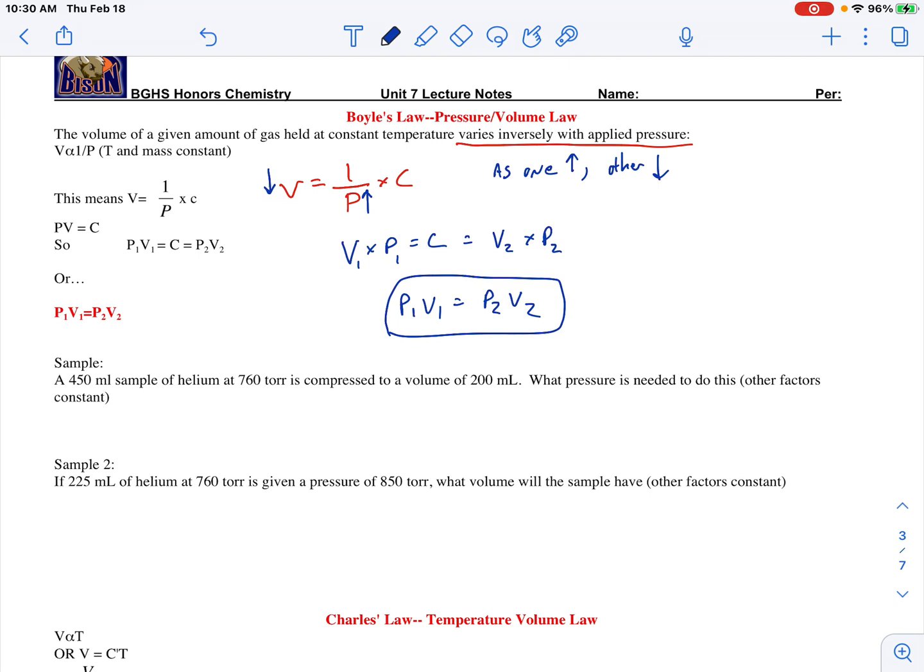And if you change the volume, the pressure will change accordingly. So you can solve for the initial pressure, or the new pressure, or the initial volume, or the new volume, as long as you have 3 out of the 4 variables.